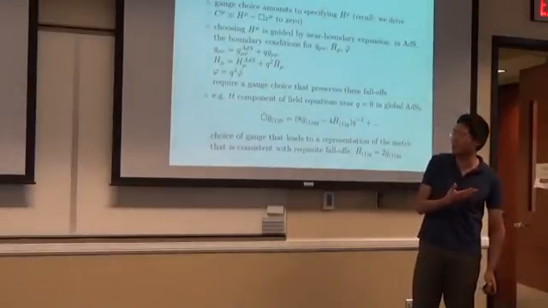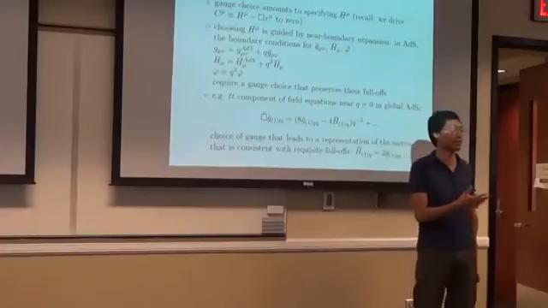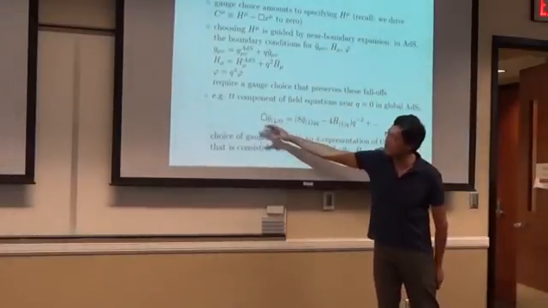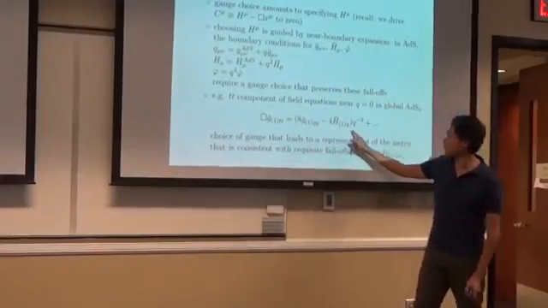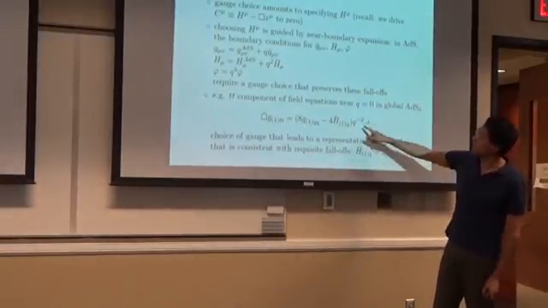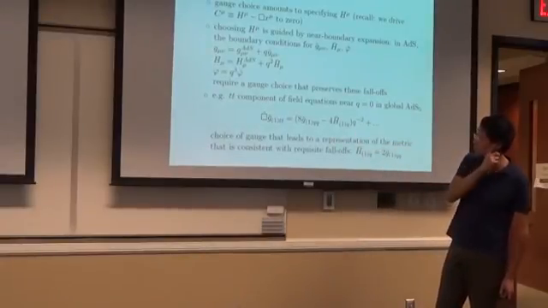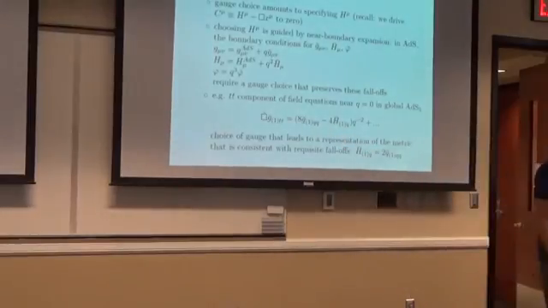Remember, the t-t component of the field equations in our formulation gives you the rule for the t-t component of the metric. This is just my schematic way of showing the t-t component of the field equations. If you expand that, you find that you have an expansion in q, and the first term goes as 1 over q squared with this coefficient. So okay, let's try what we had suggested. What if we picked a gauge where h is 0?